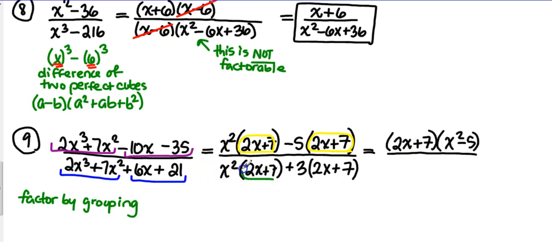And here I see again that 2x plus 7 is common. So I can factor out 2x plus 7. That will leave behind x squared plus 3. Now we have successfully factored by grouping.